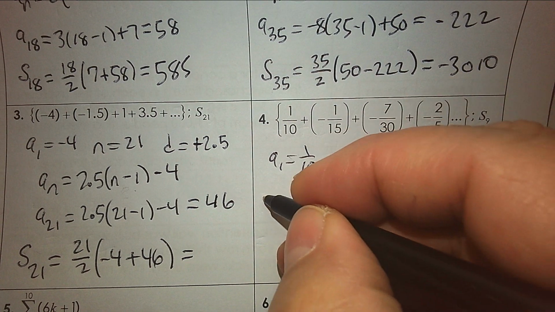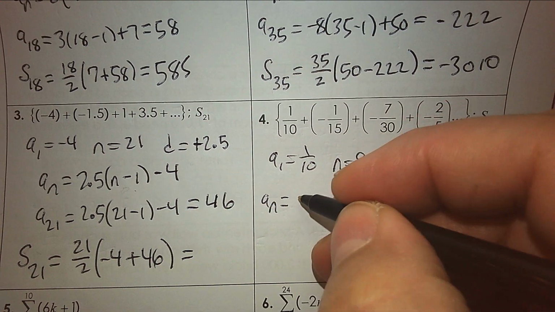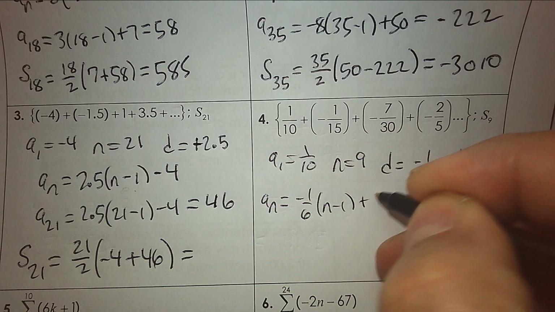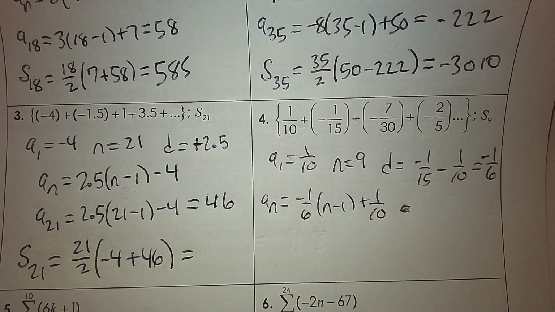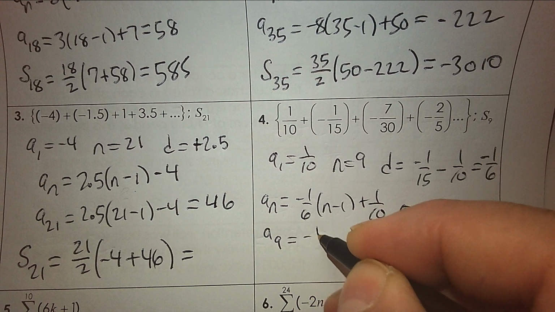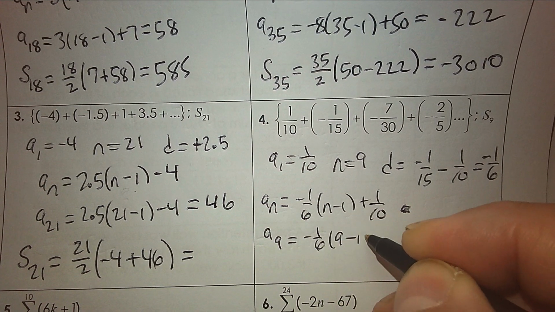Now I need a rule. So the rule is -1/6, n minus 1 plus 1/10. I need to find the 9th term. So I plug in 9 to find the 9th term, and just be comfortable with your calculator.